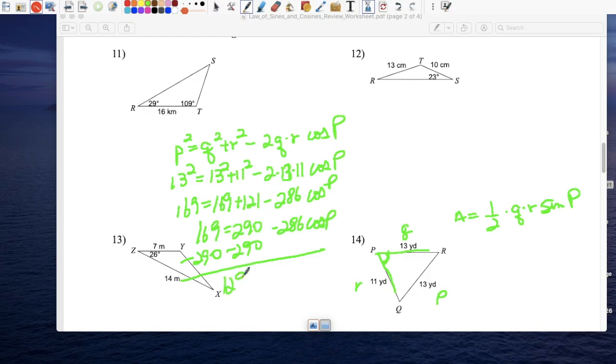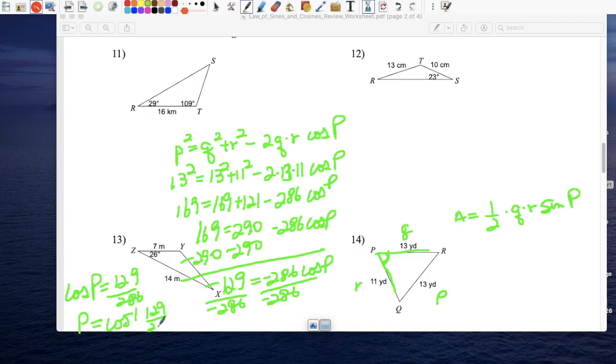So negative 129 equals negative 286 cosine of angle P. We're going to divide both sides by negative 286. So cosine of P equals 129 over 286, that becomes positive, so angle P is going to be the inverse cosine.